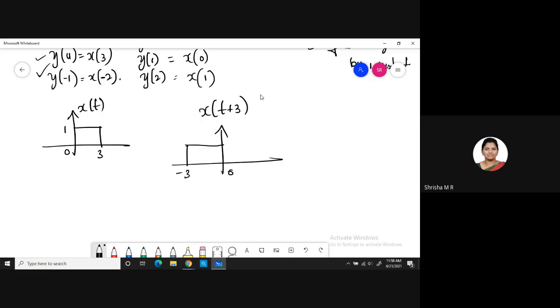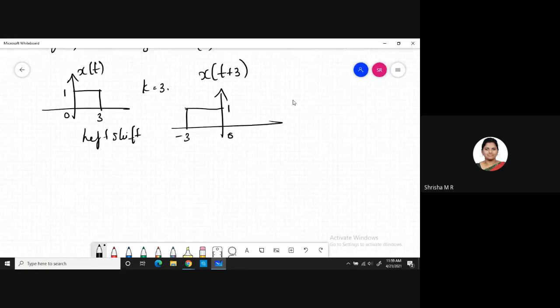If k is positive, it is left shift. So your signal will be present from -3 to 0 with an amplitude 1. Amplitude will not change here, just the signal will be moving right or left depending on the k value, because it is an operation on the independent variable, operations on the time axis.